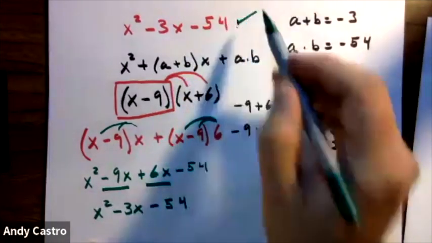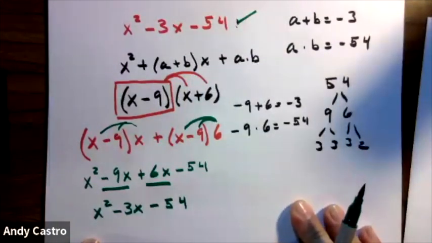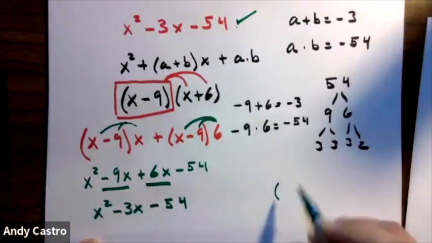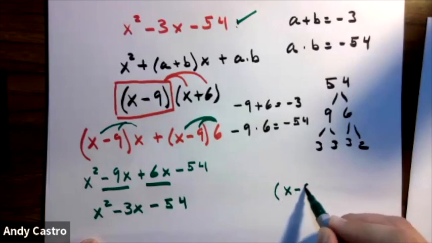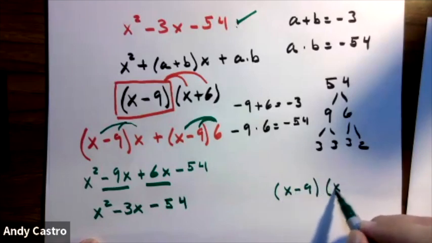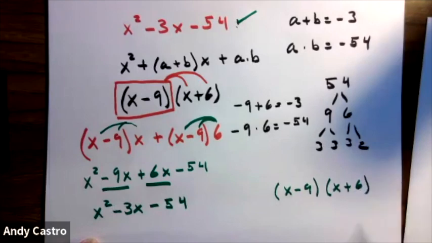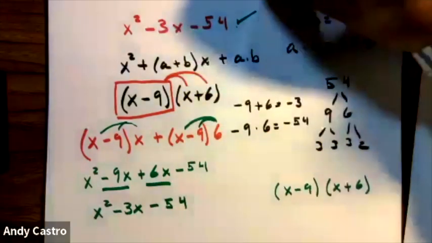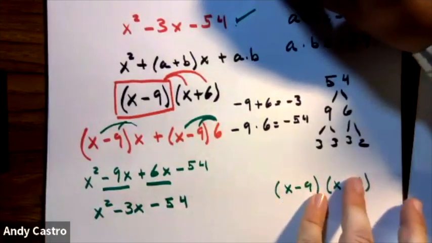All right, and we're right back to where we started. So that is the correct factoring. Correct factoring is x minus 9 times x plus 6.